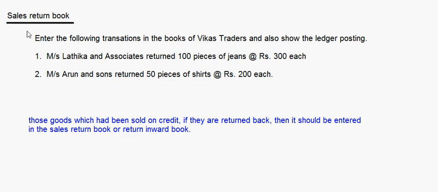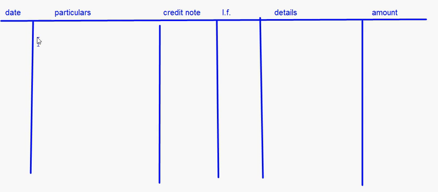So here this is date, particulars, credit note number, LF, and then details, and then amount. Now Latika and Associates, so here I'll write the name of the company.